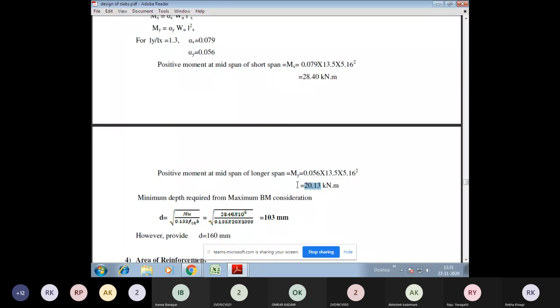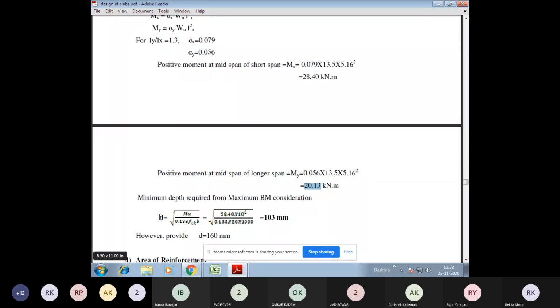Once mx and my are found out, we need to calculate the minimum depth required from the maximum bending moment consideration. In order to calculate that, we'll assume mu is equal to mu limit, and mu is equal to 0.133 fck square, this is for Fe 500.